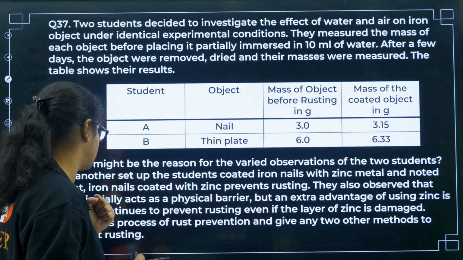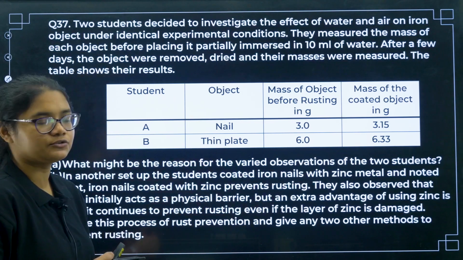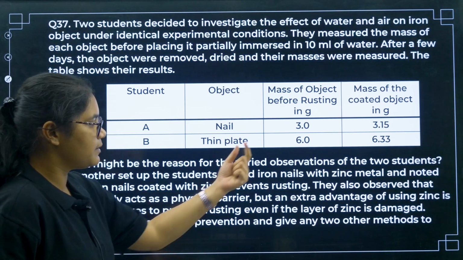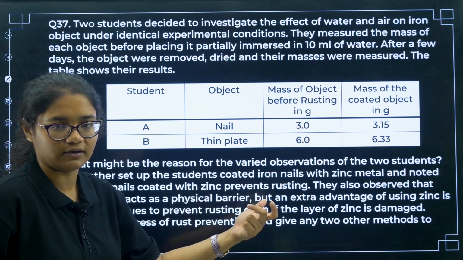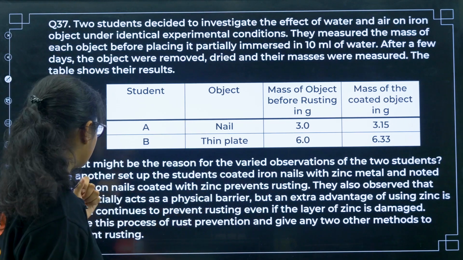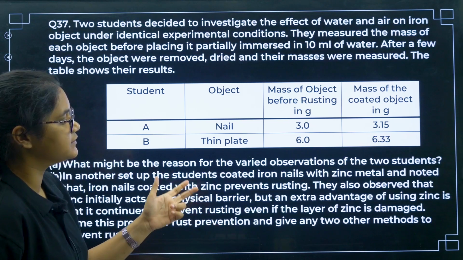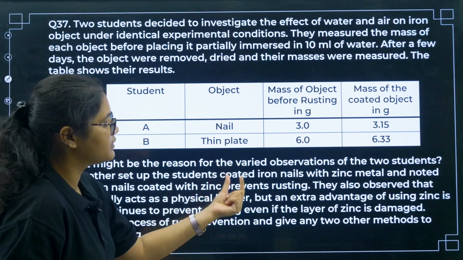Okay, now the questions are like this. What might be the reason for the varied observation of the 2 students? So you see in both the cases the mass has increased, but here the mass has increased by 0.15 and here the mass has increased by 0.33. What is the reason for that? Second, in another setup, the students coated iron nails with zinc metal and noted that iron nails coated with zinc prevents rusting.